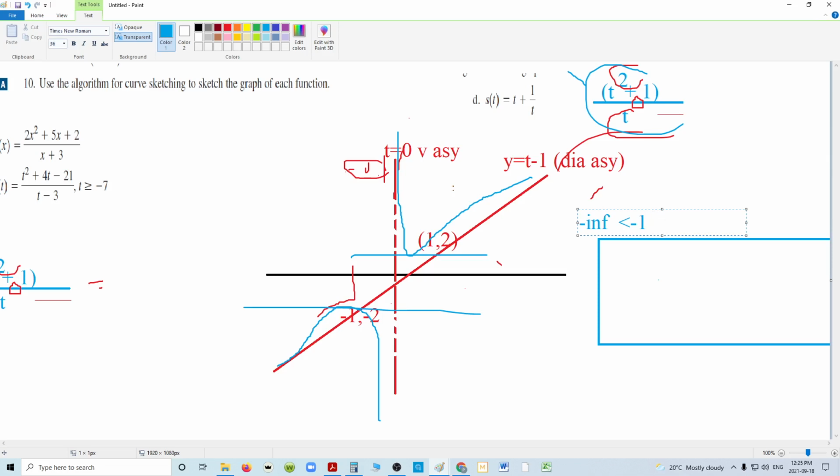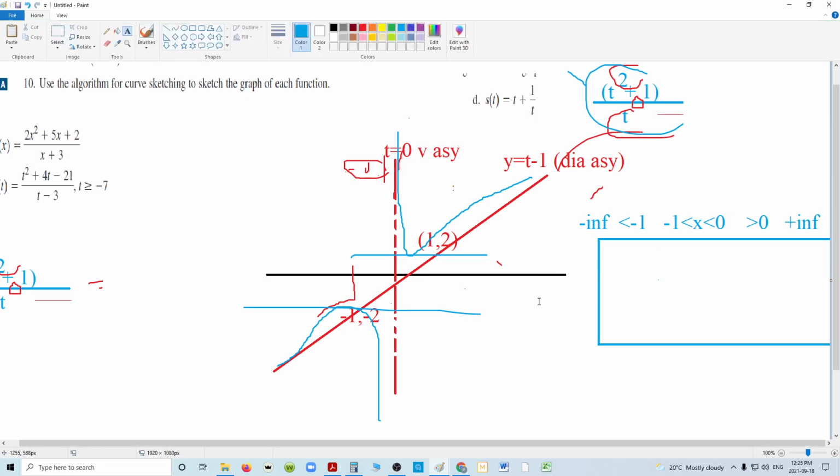I'm going to find between negative 1 and 0. I'm going to find just to the right of 0. And then I'm also going to find positive infinity. So you should construct a chart like that, and then you should put the original things in there to see what they become.